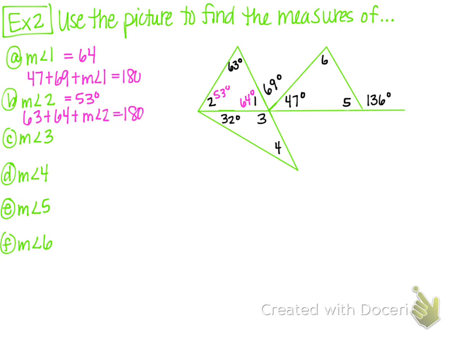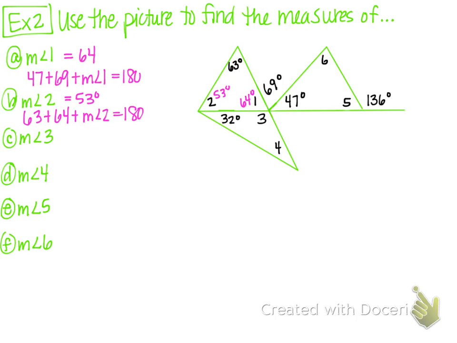Okay, so now let's find the measure of angle 3. Now if you take a look at angle 3, which is right here, we can use the fact that from here to here we have a straight line. So angle 3 and the 64 degree angle are supplementary angles. So they're going to sum to 180 degrees.